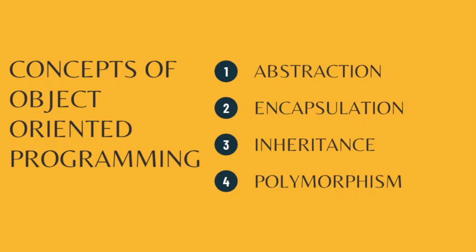So when it comes to abstraction, what does it simply mean? Abstraction is when you hide implementation details and show the relevant details to a user. An example is anytime you buy a DVD player, you will notice that the buttons are provided at the front side of the DVD player.